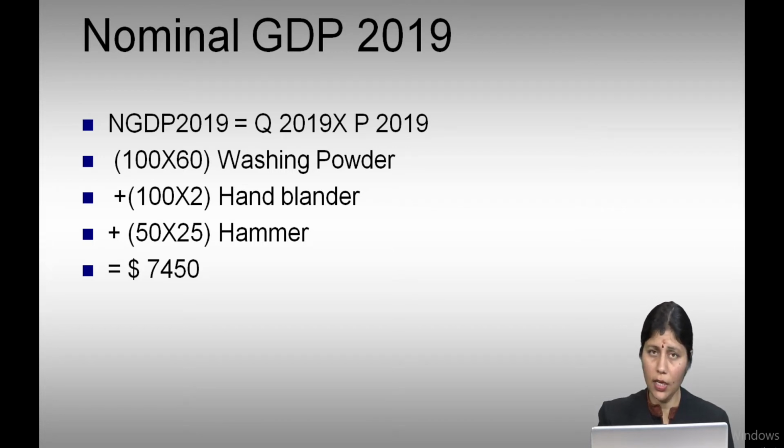And 50 is the quantity for the hammer and 25 is the price. The summation of all these products available in the market in the current year is calculated as $7,450, the nominal GDP 2019.